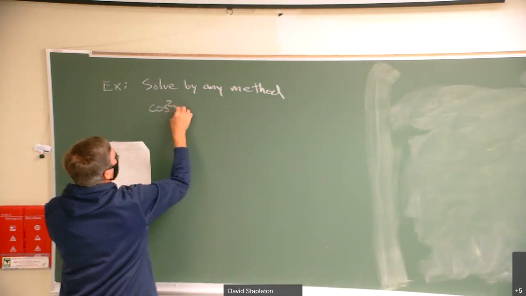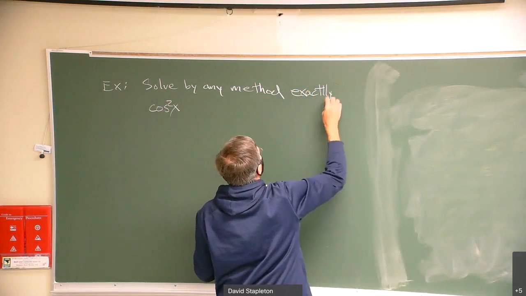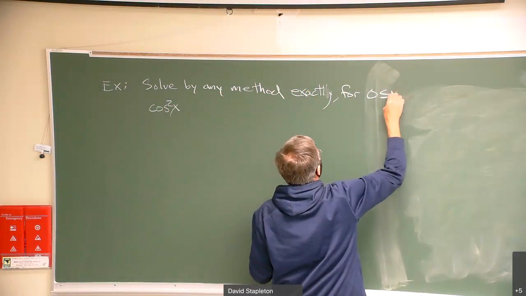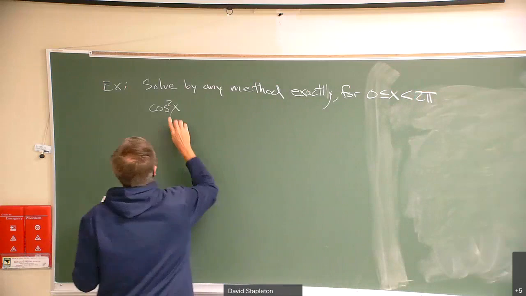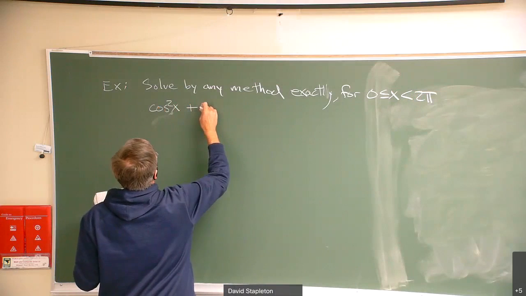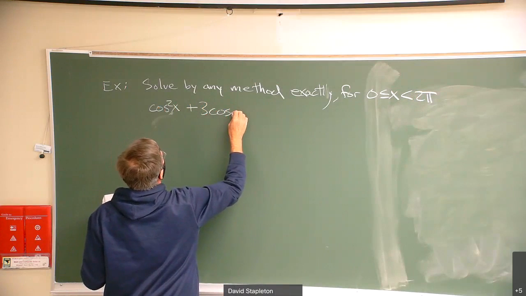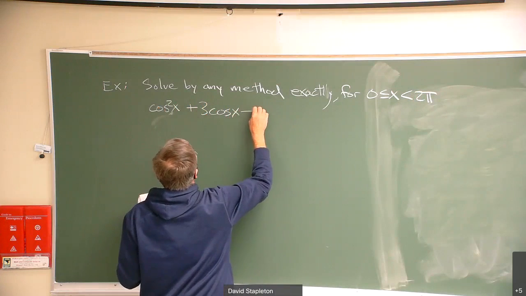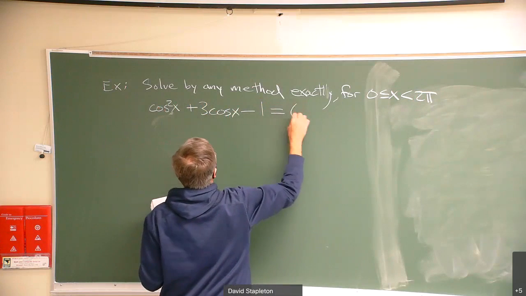Solve exactly, for 0 less than or equal to x less than 2 pi: cosine squared x plus 3 cosine x minus 1 equals 0.